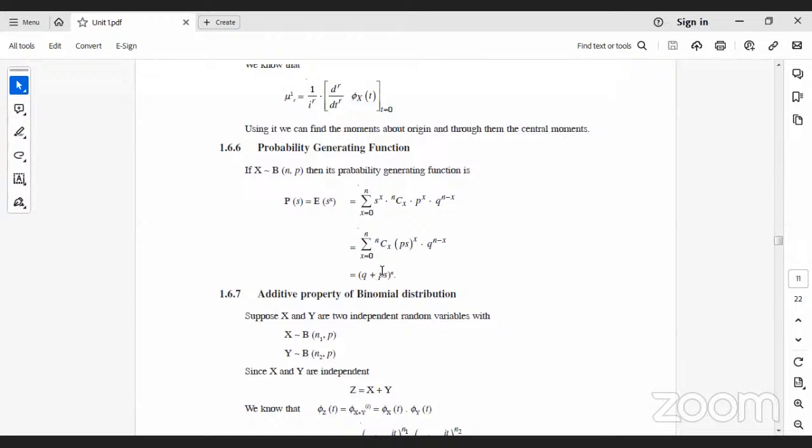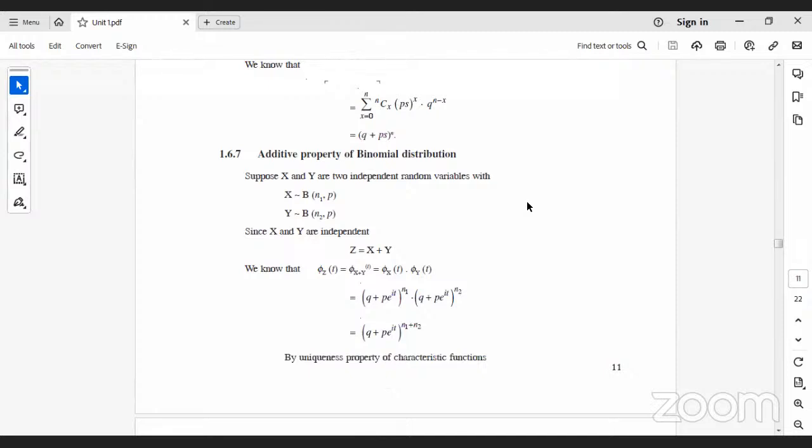So this is q plus ps whole power n. The condition is satisfied here only.